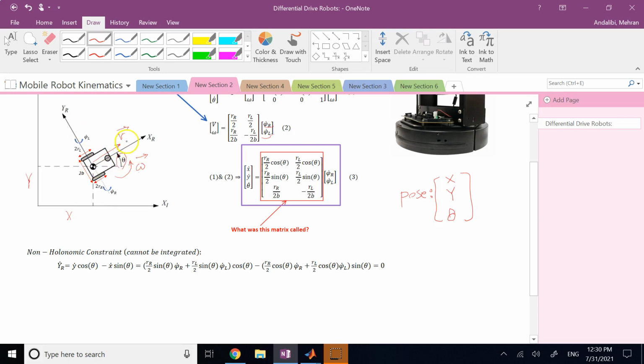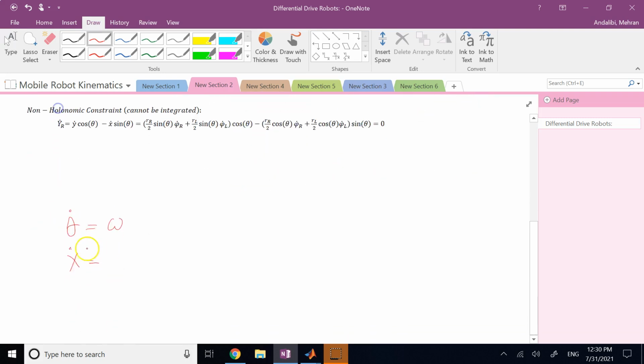The cosine theta component is vx, which is x dot. So x dot is going to be v times cosine of theta, and y dot is going to be v times sine theta, correct? So these are the 3 relations between v, omega, and theta and the time derivative of the pose components.